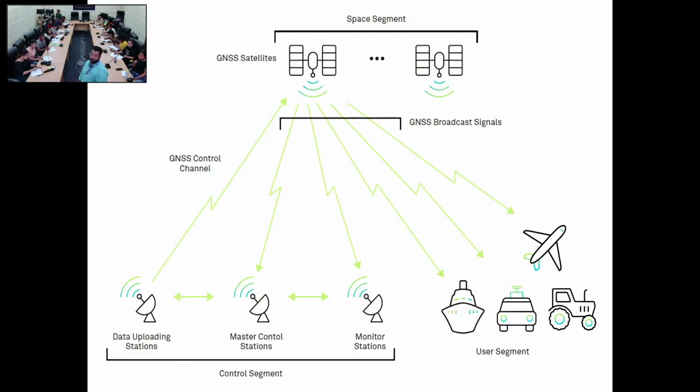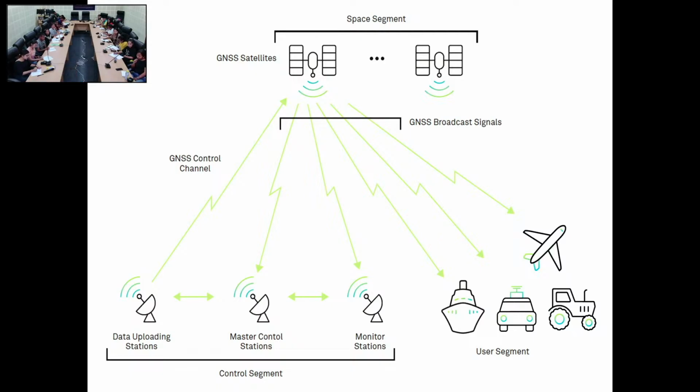So what the uploading system does: whenever you are searching for data, it goes to the uploading station, saying that someone is searching for this location. So the uploading system will send the signal to this satellite. Then the satellite will send this to the master control facility or master control stations.